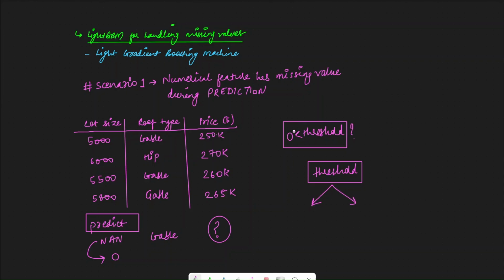So we compare 0 with this threshold, and then that direction will be chosen to send the row to. Essentially the prediction is made as if the lot size is 0. In practice, we should impute using mean or median if missing values are not present during training.